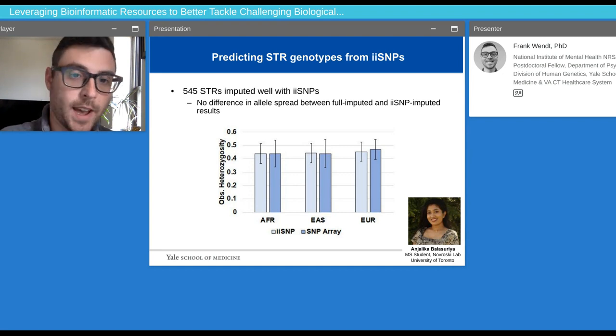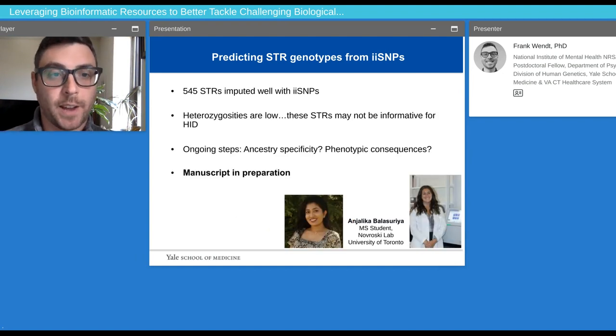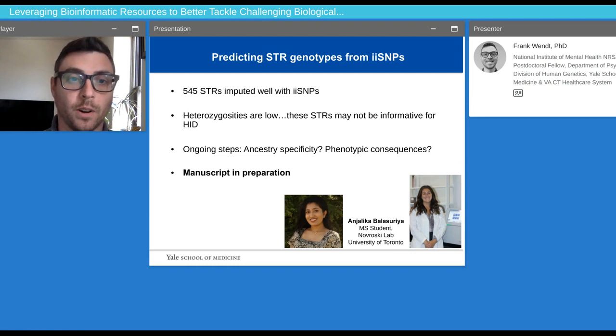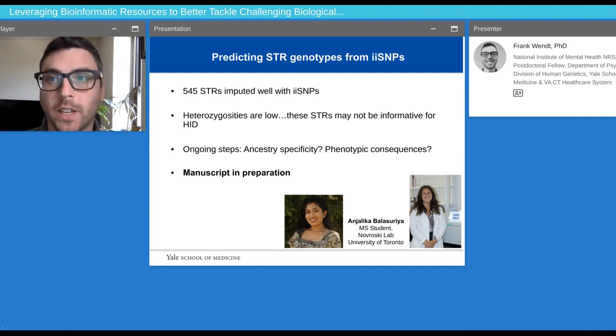So our next steps, because the heterozygosities of these loci were quite low, they're probably not super useful for HID, so human identity purposes. So we are currently characterizing their ancestry effects as well as some of the phenotypic consequences of these 545 STRs. This manuscript is in preparation, with Angelica taking the lead under the mentorship of Nicole Novroski.